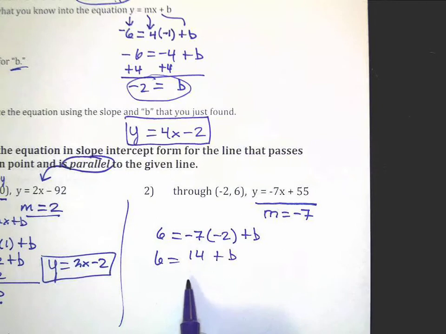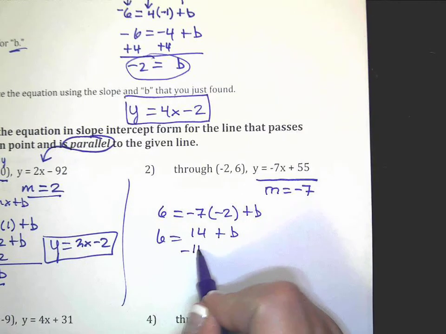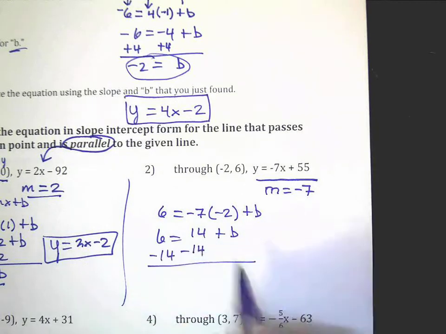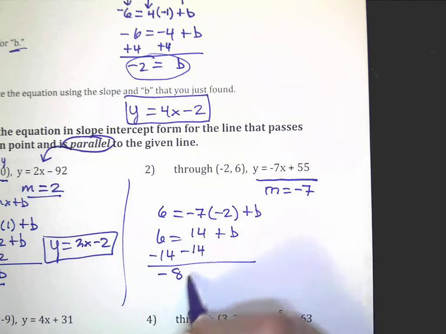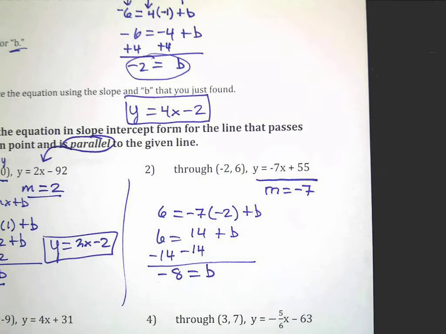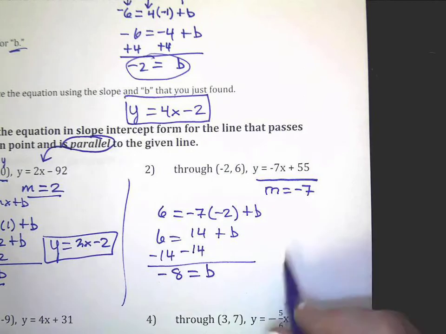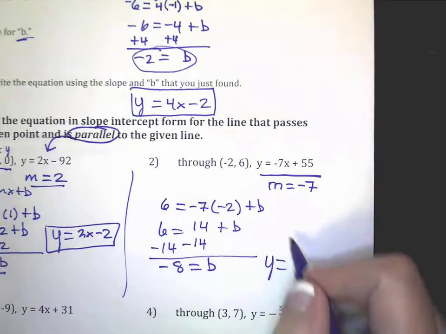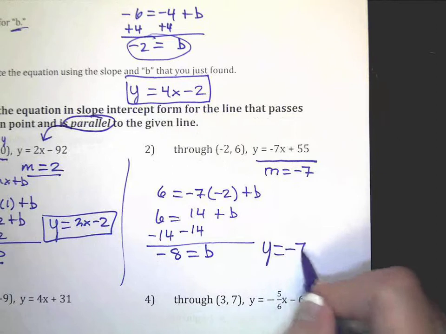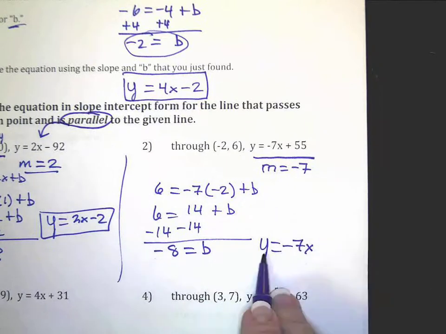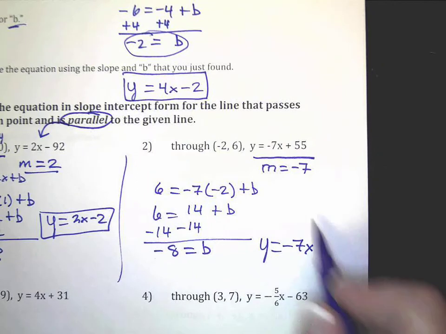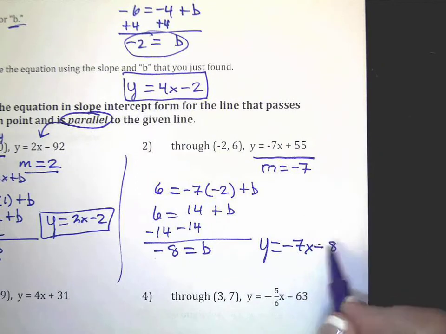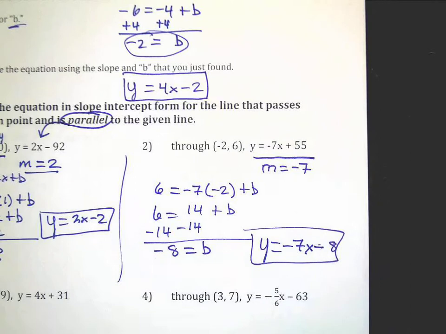We have 6 equals 14 plus b, and then subtracting 14 from both sides, we end up with b equal to -8. So for our final answer, we have y equals the slope of -7, and then make sure that you're putting the y and the x back into the equation as y and x. Subtract 8, since that's our y-intercept.